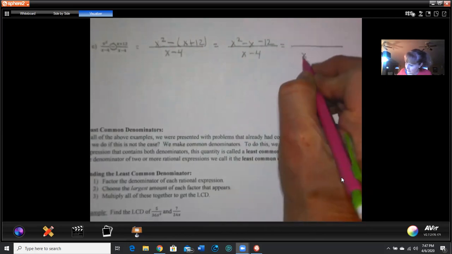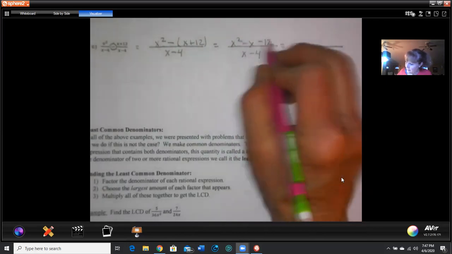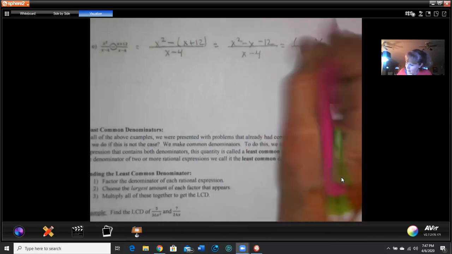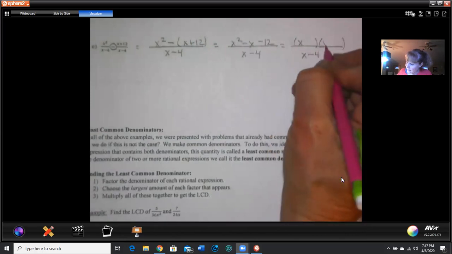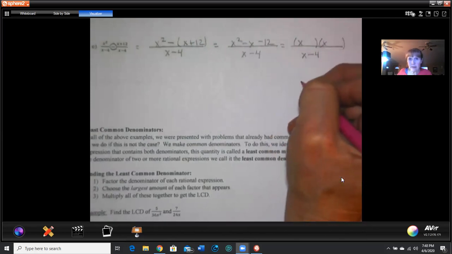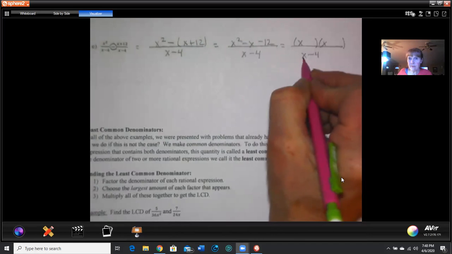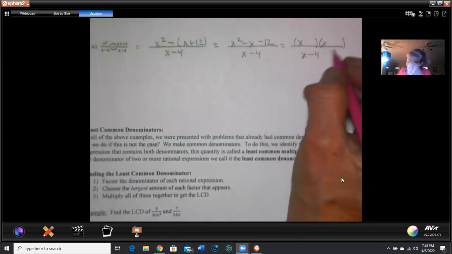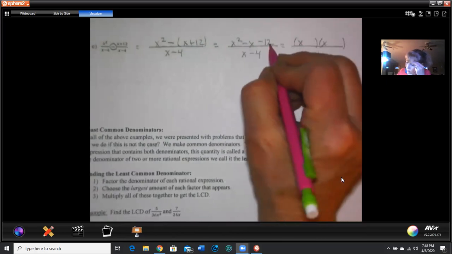Look for the greatest common factor. There isn't anything. So we'll go x times x. It's a possibility, so I'm going to keep going because I have an x here. So it could match one of these. Let's see, we've got a minus 12.